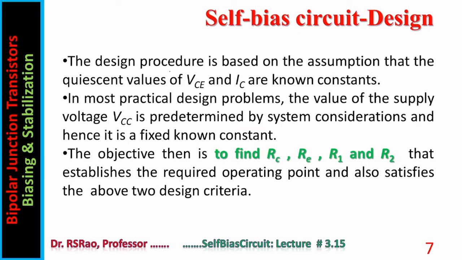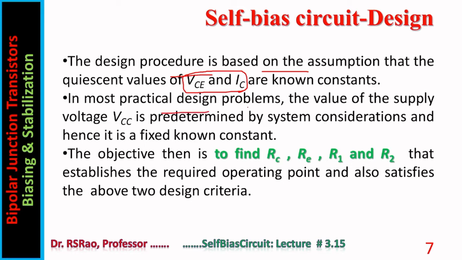Some more points regarding the design procedure. The design procedure is based on the assumption that quiescent values of VCE and IC are known constants. Actually, VCE and IC together form the operating point. Operating point is given, and we are asked to find the values of resistors and other components.